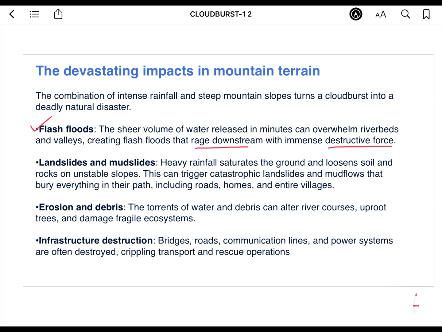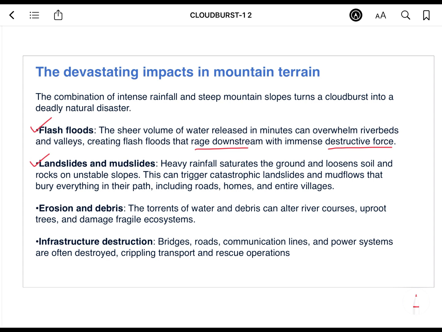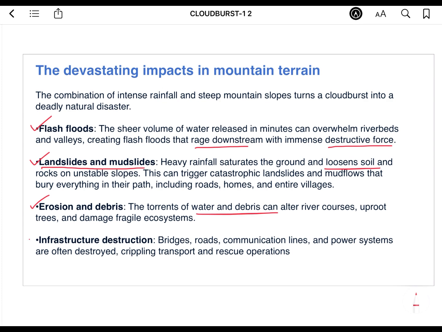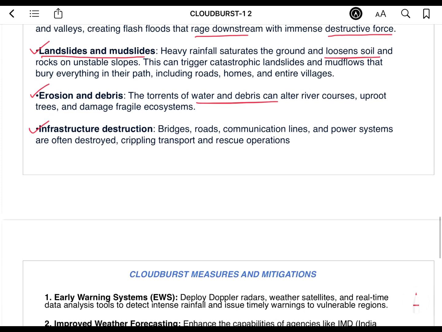These flash floods will also lead to landslides and mudslides. As the Himalaya is made up of loose soil, it is prone to landslides. Then erosion and a lot of debris will come with that water, so infrastructure destruction will also happen.